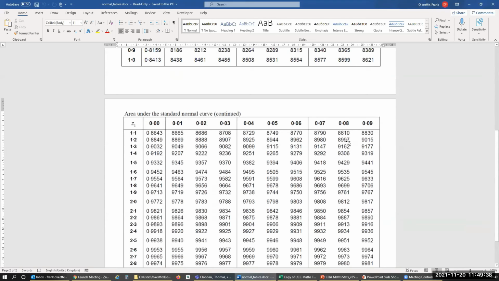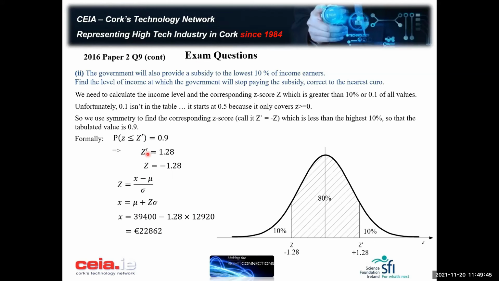It's closer to this value than to this value, so I would say it's 1.28. So Z prime is 1.28 here. 10% of values are bigger than that. By symmetry, 10% of values are less than minus 1.28. So this is the Z value that splits off the lower 10% of the population, minus 1.28.